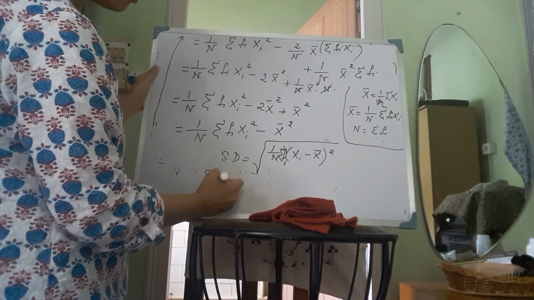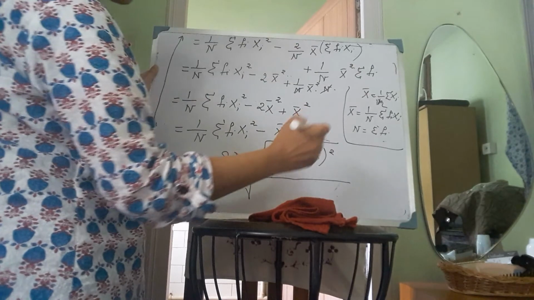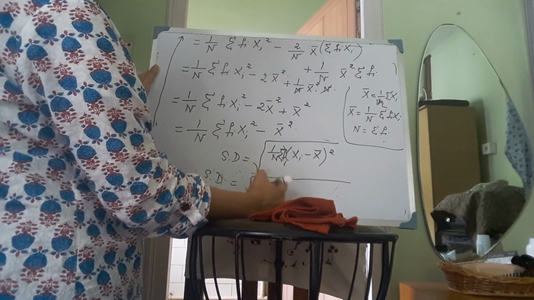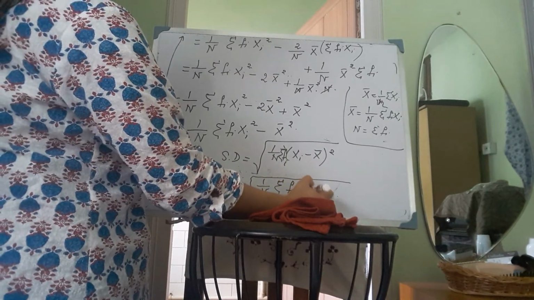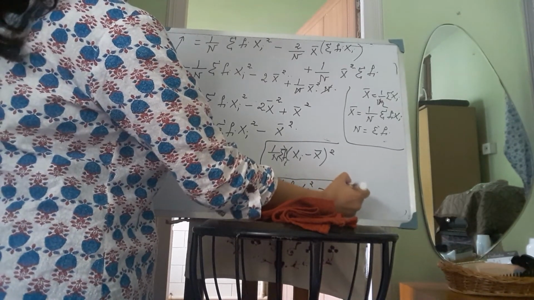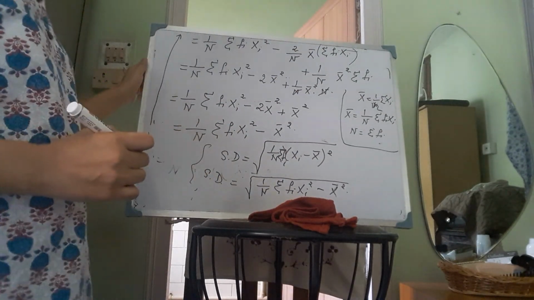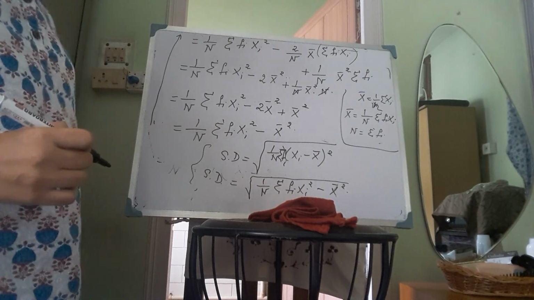And the alternative formula for calculating standard deviation for a data with frequency is under root of 1 by n summation of fi xi square minus x bar square. So we can use either of these two formulas for calculating standard deviation of a data with frequency.